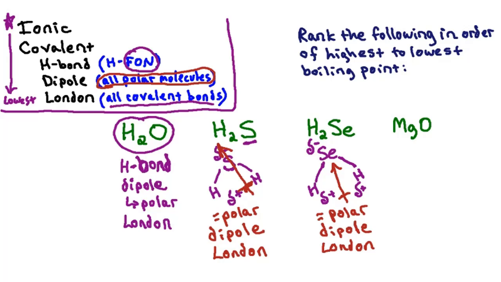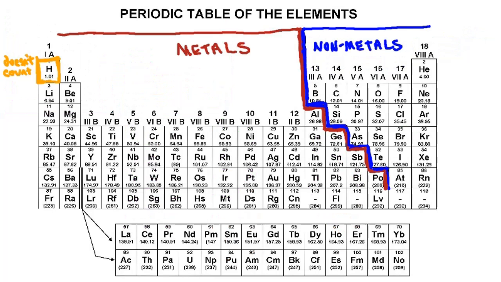And all covalent bonds are going to have London dispersion forces. Now let's look at magnesium oxide. If you look at the periodic table, magnesium oxide is a bond between a metal, here's magnesium, and oxygen, a nonmetal.